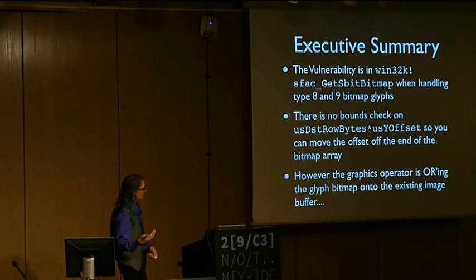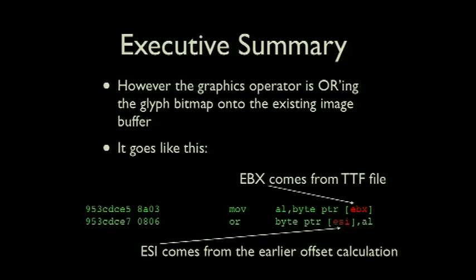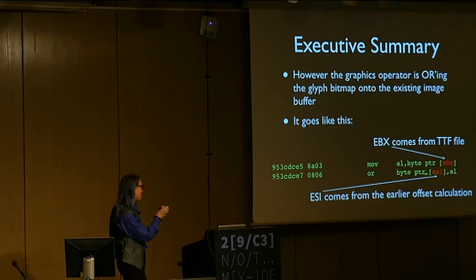It's basically what I just told you a minute ago. This is the actual vulnerable code right here. This value comes from the TrueType font, and this value, which is where you're writing to, also comes from the font. And so you can essentially control a memory write to an arbitrary location.